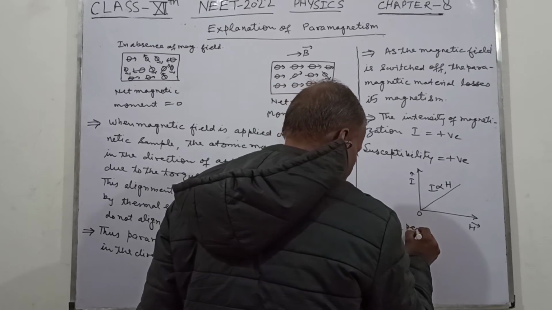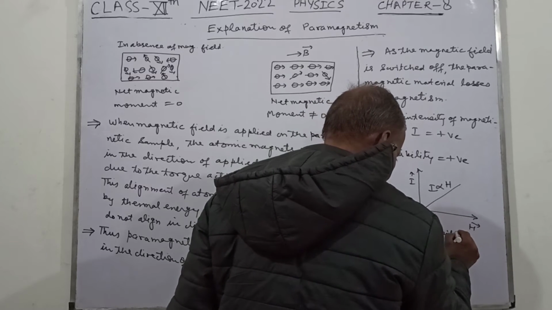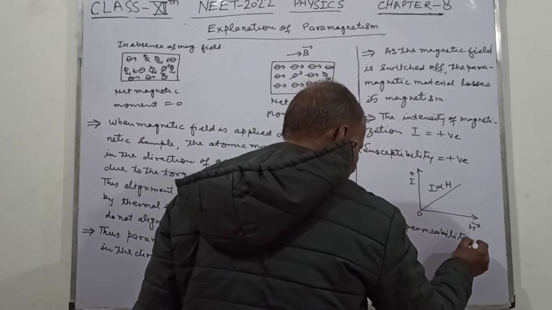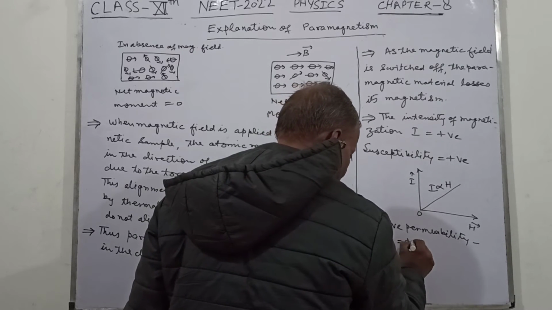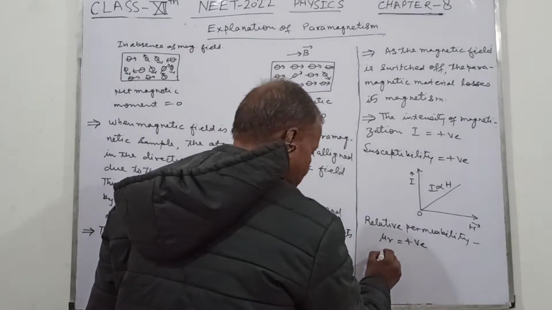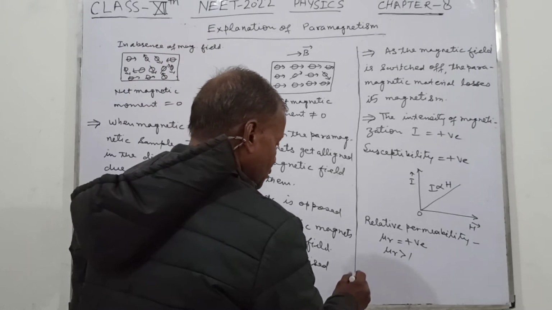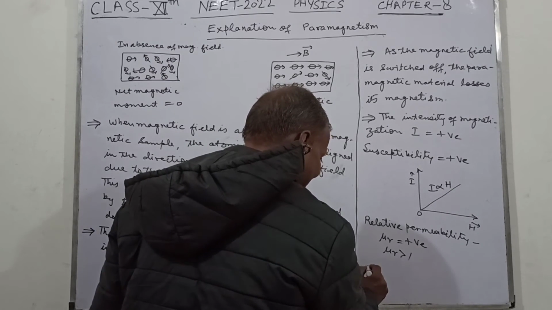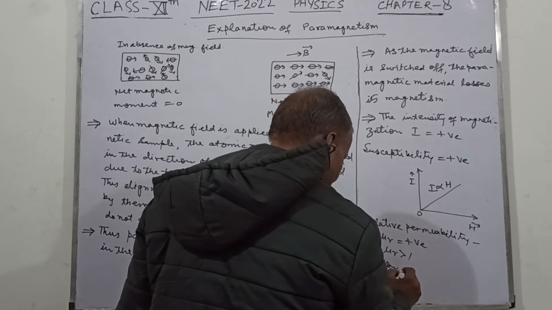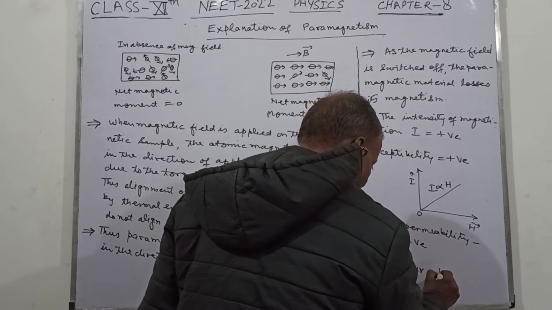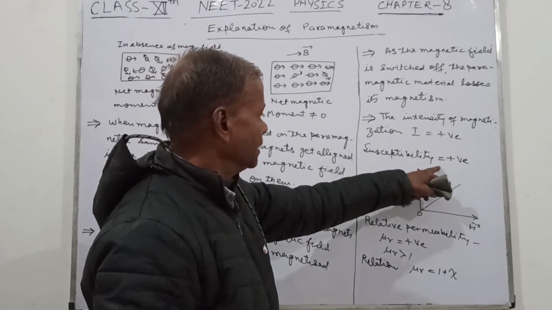Relative permeability. Now this mu r is positive, or this mu r is greater than 1. So we have the relation mu r equal to 1 plus chi, chi the susceptibility.